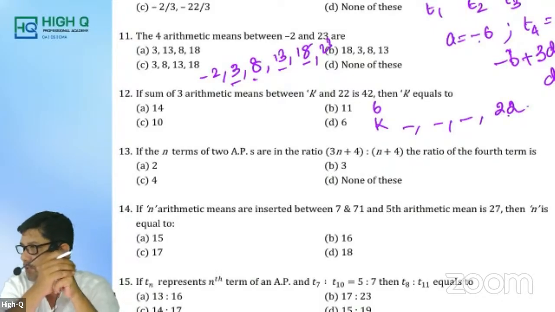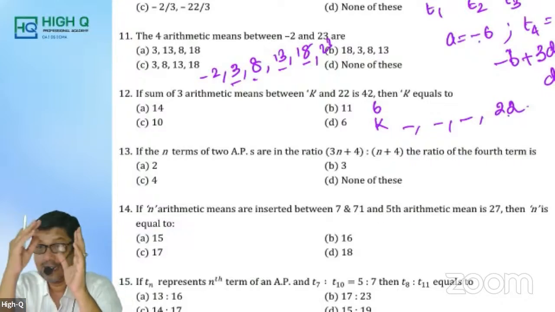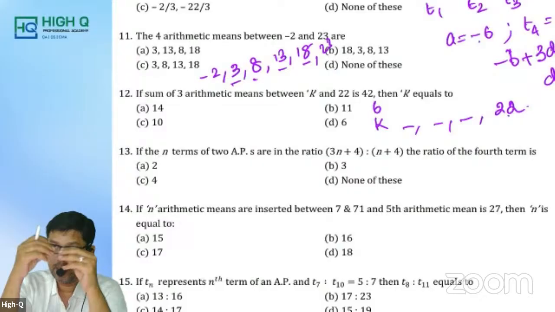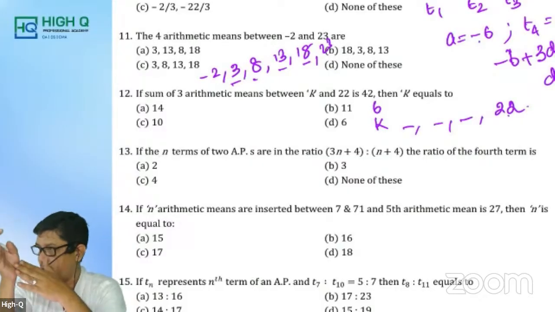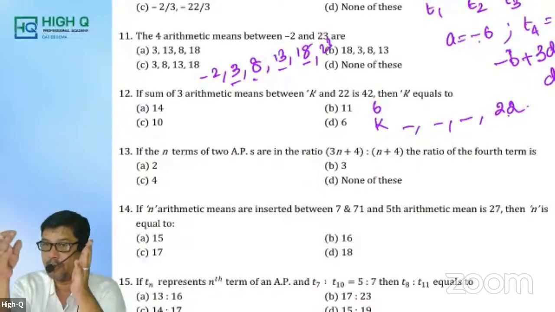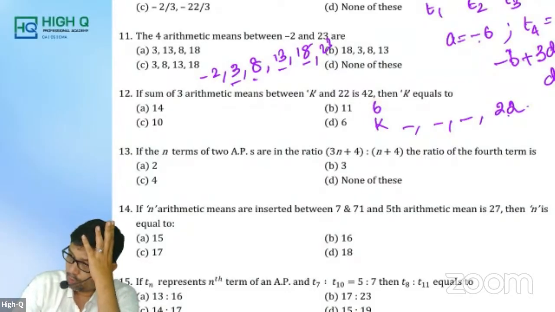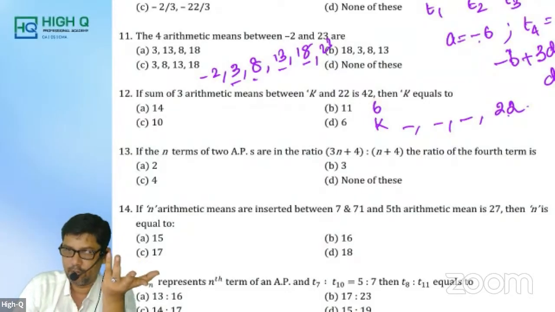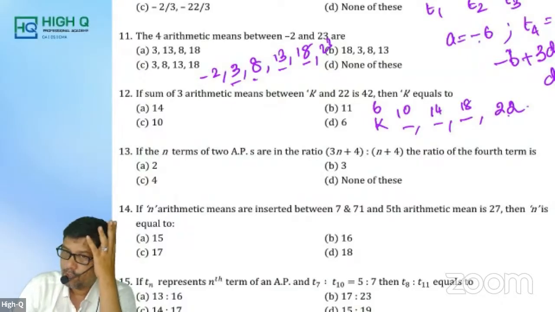So here we need to fill the number in such a way that the sum should be 42, but it should not go beyond it. The number is going to be close to 16 only. For example, what is 6 plus 4? Any number I'm taking. 6 plus 4, 10 plus 4, 14 plus 4, 18 plus 4, 22.